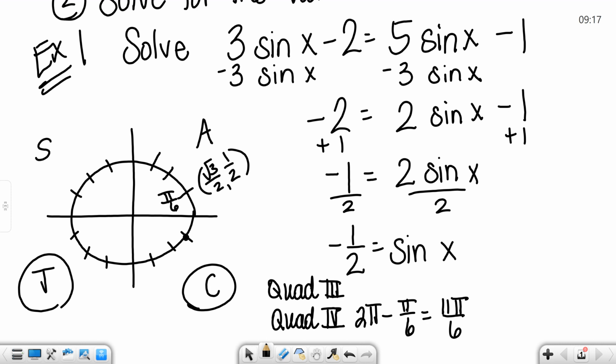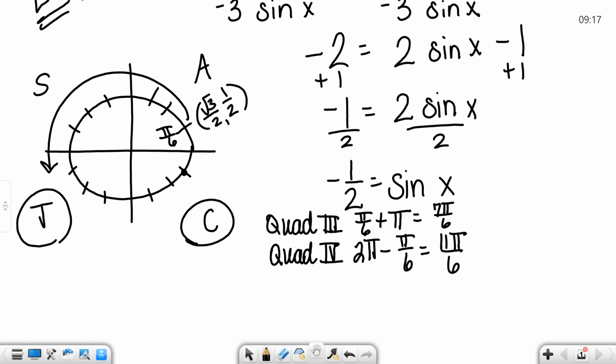And that would give me 11 pi over 6. The one that's in quadrant 3, if I think about it like this, how far away would it be from this one? It is pi away. So if I add pi, so pi over 6 plus pi, that would give me 7 pi over 6. So in quadrant 3, I get 7 pi over 6, and in quadrant 4, 11 pi over 6.